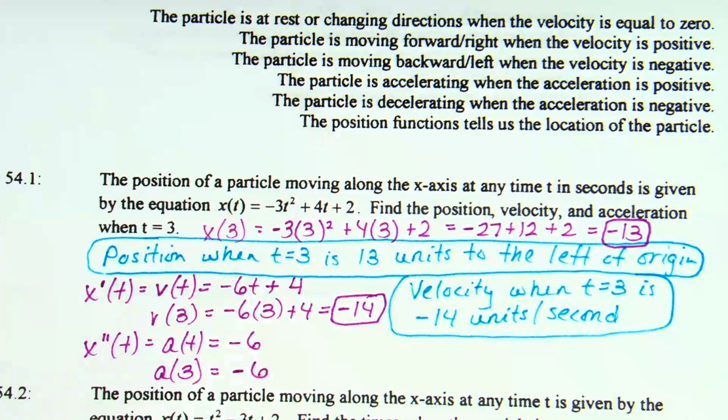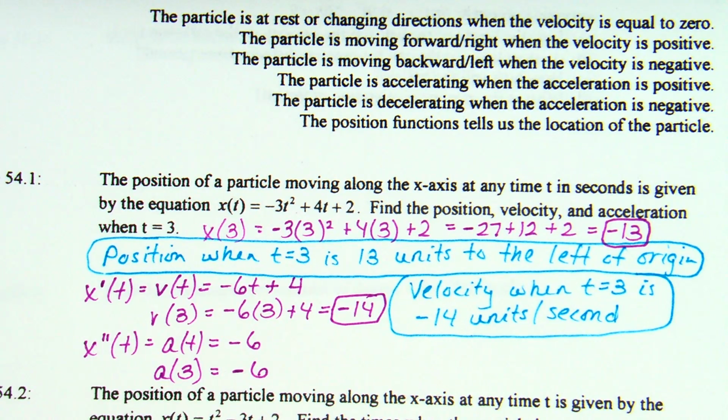Okay. So acceleration when t equals 3 is 6 units per second squared. Why do I have that written? Oh, okay, this is where I threw the negative in. I see what I did. Wait a minute, why did I do that? Because what I wrote on here is in negative x direction.